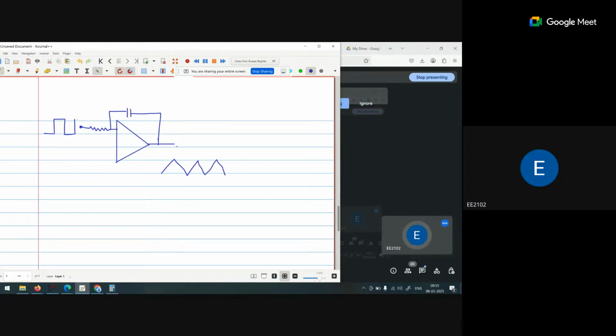Now the question is, from where are we getting the square pulse?